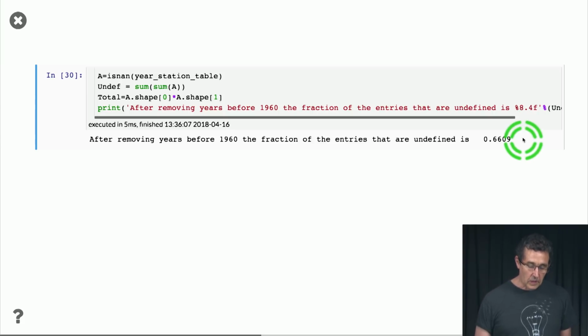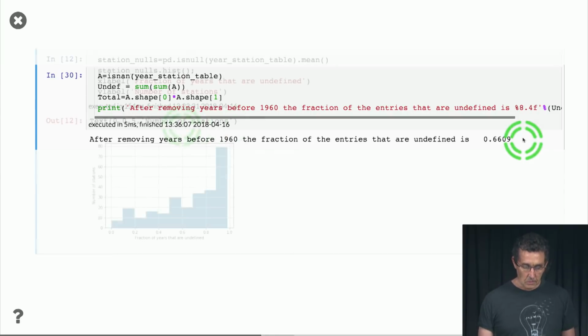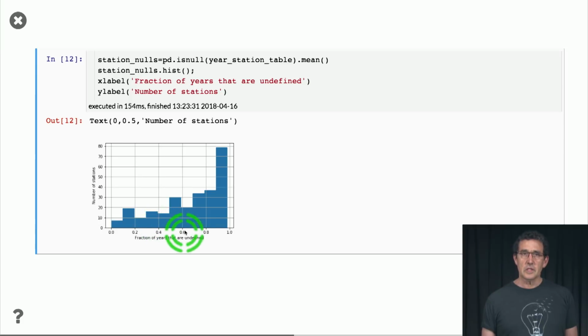Even that might be discouraging, but it seems to be enough to draw some meaningful conclusions. After we remove the years before 1960, we have a distribution of undefined which is a little bit better. We still have a majority with a very high fraction of undefined, but we overall have a more flat graph.